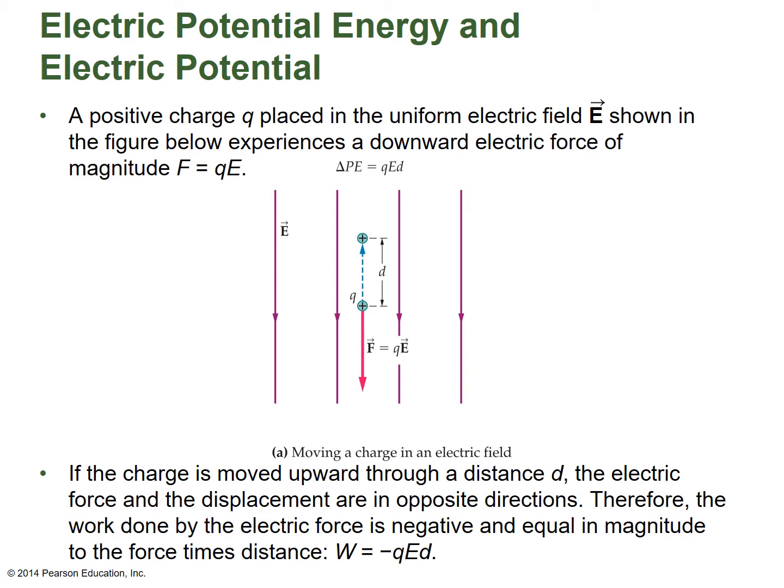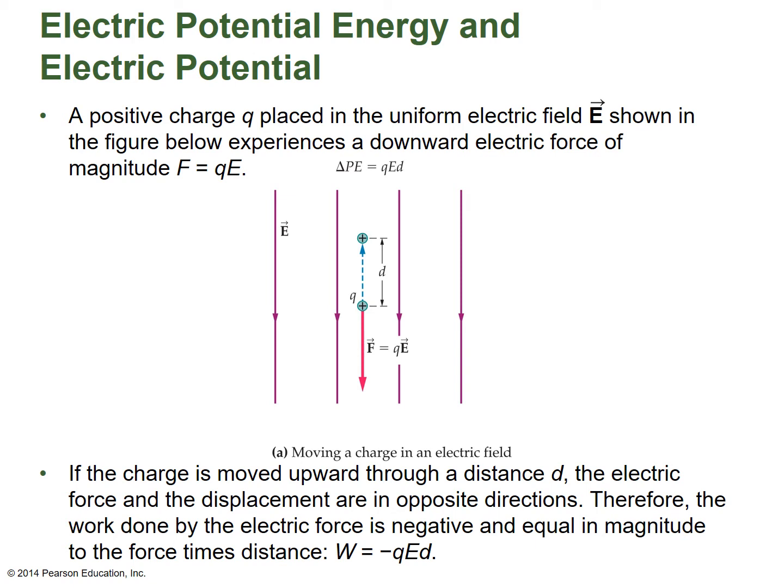So a positive charge Q placed in the uniform electric field E, shown in the figure below, experiences a downward electric force of magnitude F equals Q times E. If the charge is moved upward through a distance d, the electric force and the displacement are in opposite directions.